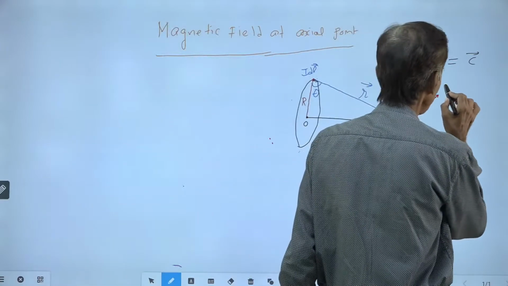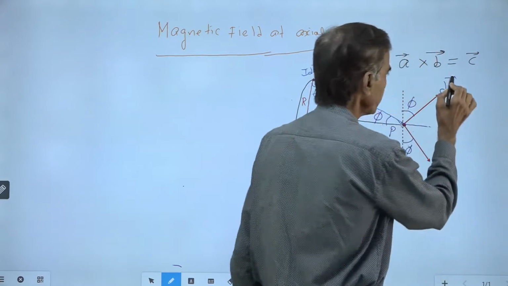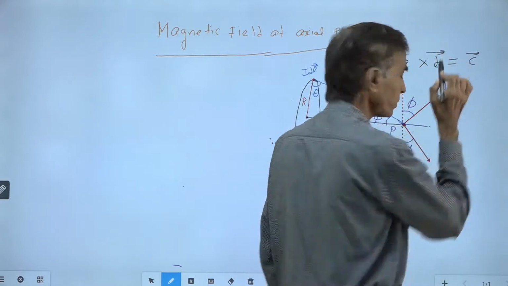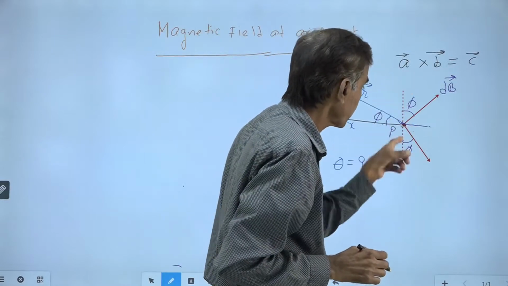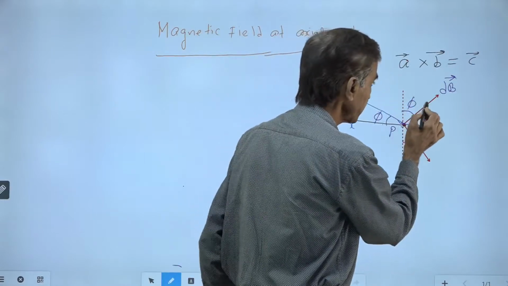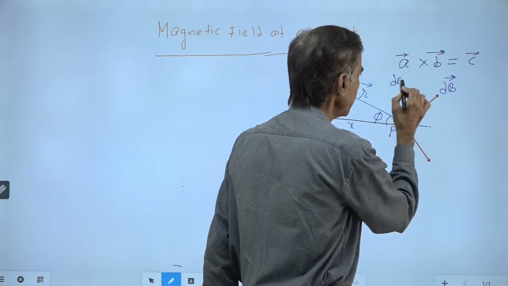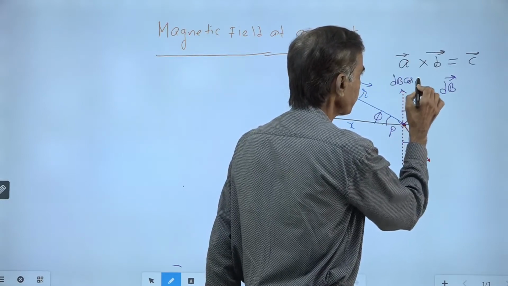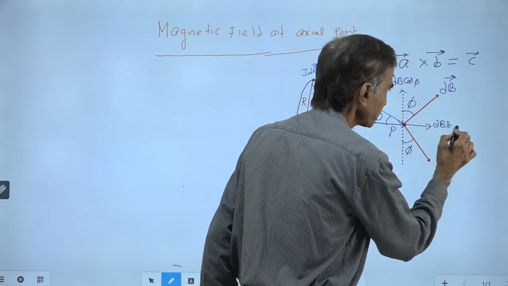Suppose this is our dB. We can resolve this dB into two components: one along the y-axis, that is dB cos phi, and this is our dB sin phi.